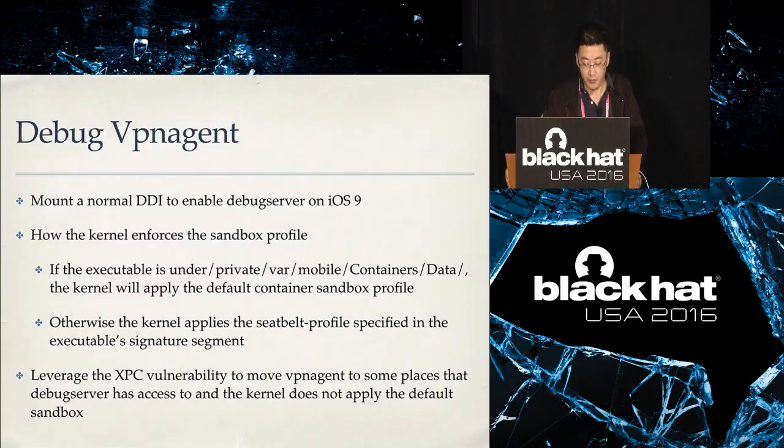So here's the thing. If the executable is under the private var mobile containers data directory, by default, the kernel will apply the container sandbox. But if the main executable is not in this directory, the kernel doesn't apply that sandbox. So things are easy.